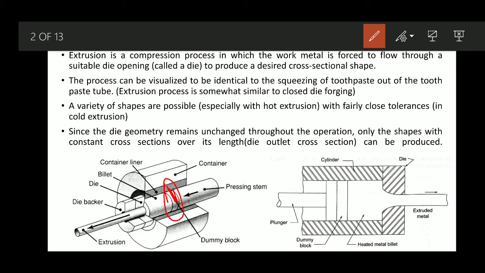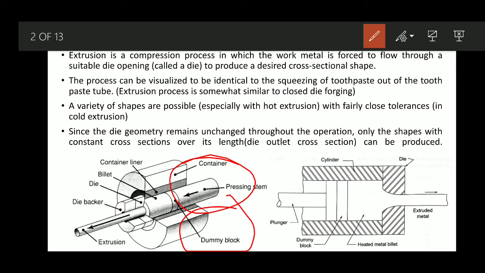If that surface is damaged, then the proper compression of the work material will also not be proper. As the billet is generally heated, the dummy block helps the ram retain its proper shape and size, so that the difficulties associated with contact with heated surfaces do not come into the picture. In that case, if the dummy block is worn out, it becomes very easy to change it rather than changing the plunger or the ram.